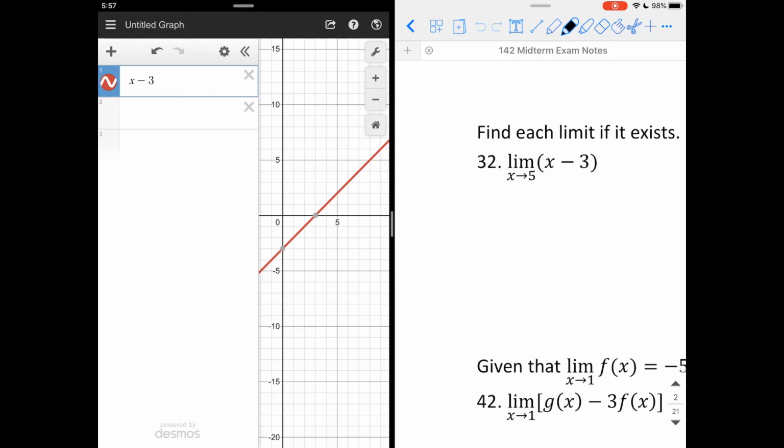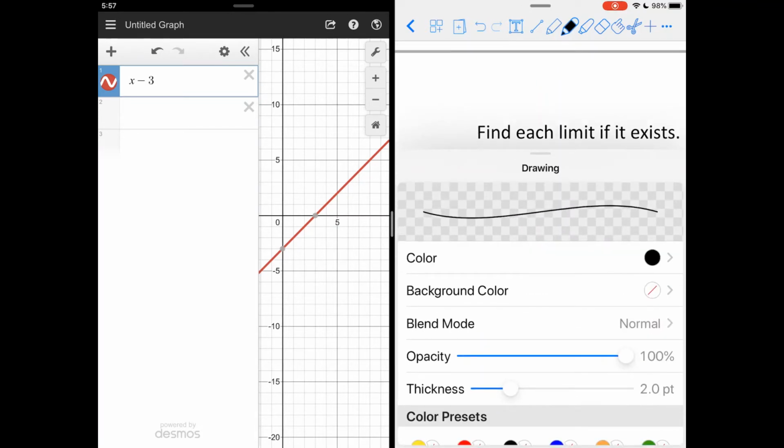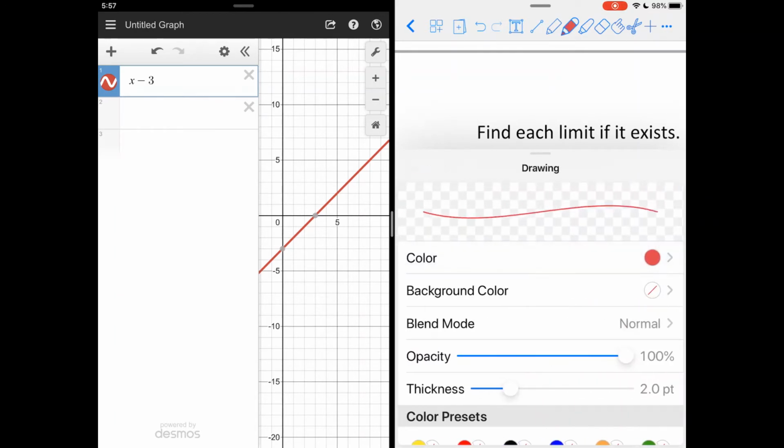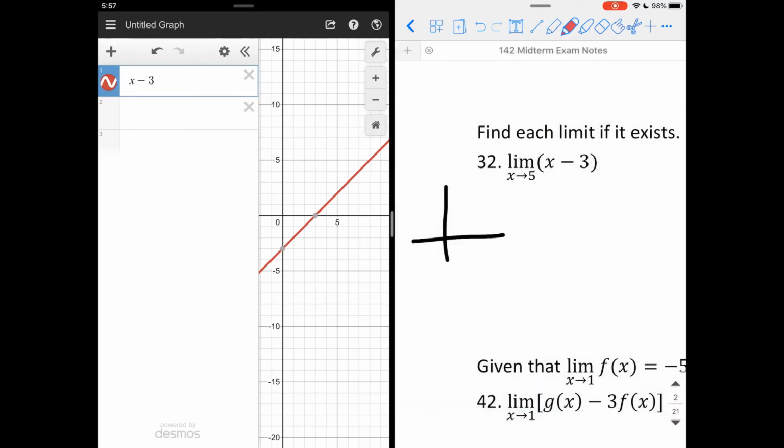And so if I do a quick sketch on my notes, something like this, right here, we had 5, 2.